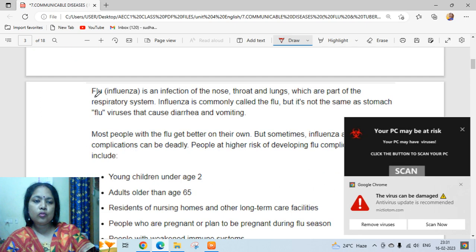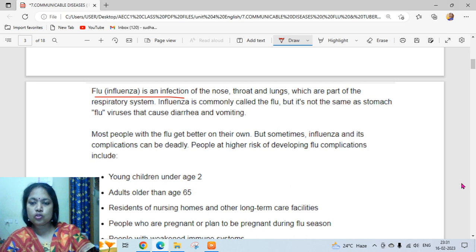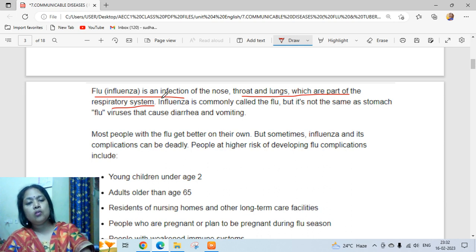Flu, or influenza, is an infection of the nose, throat and lungs, which are part of the respiratory system. In human beings, the respiratory system covers the lungs and throat. So when you are affected by flu, all of this respiratory system will be infected.